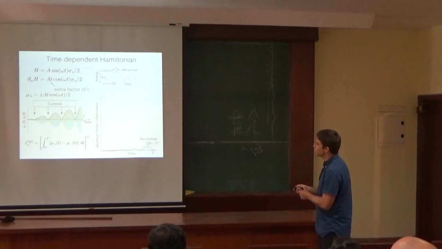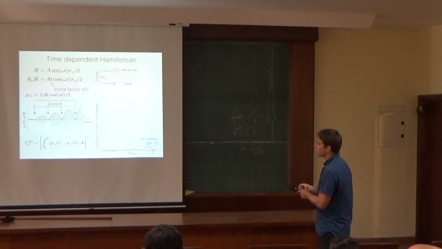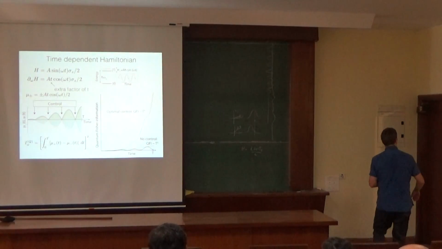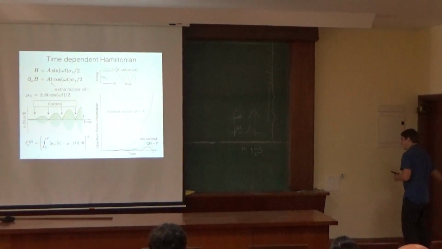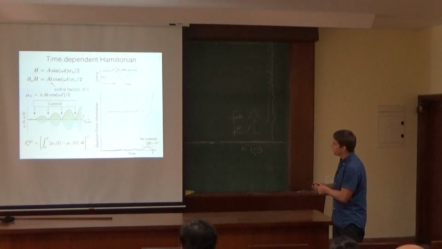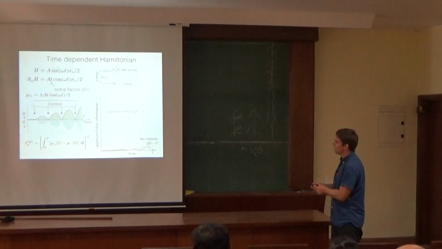If I apply some sort of control so that the positive one always stays on top and the negative one always stays on the bottom, then this integral would always be growing, and it would grow actually like t to the 4. Sorry. Okay, so that's what we want to do. In this case, you could have quantum Fisher information that's growing much, much faster than you would get in any other case.